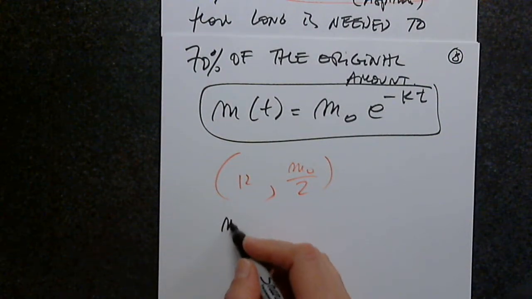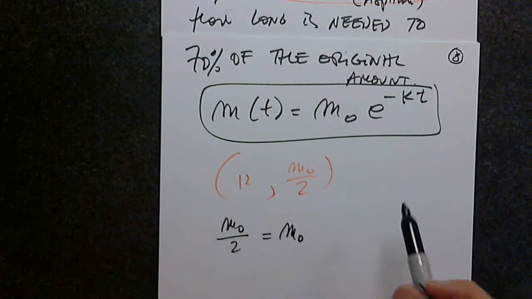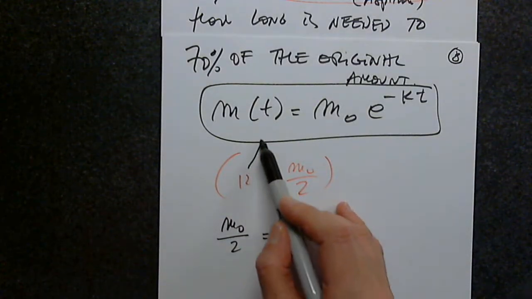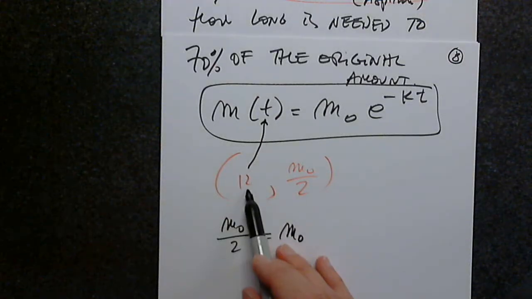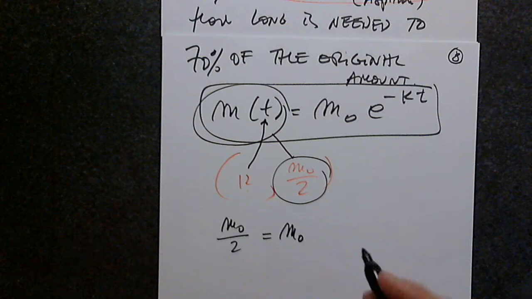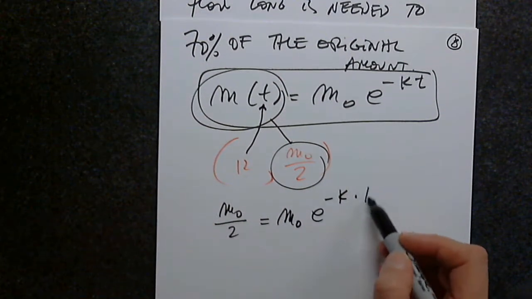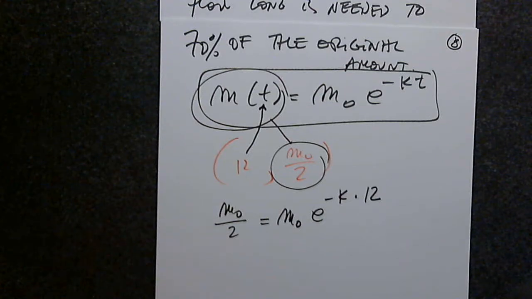This is T. This is that. e to negative K times 12. So T is 12, M of 12 is M0 over 2.